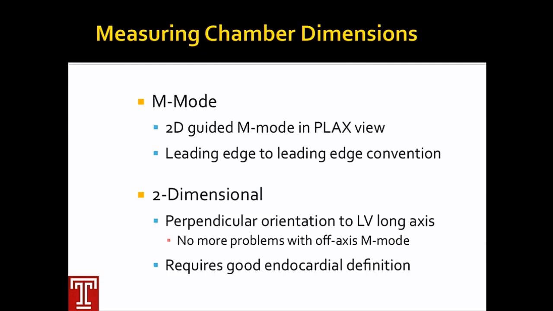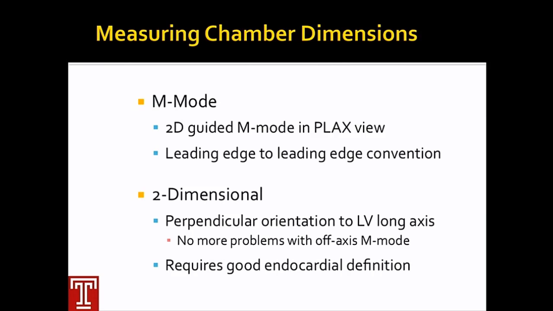These days, M-mode is guided with 2D imaging. I think Dr. Patil has already showed you a little bit about that. I'll re-emphasize it. And when measuring in the M-mode, we use what is known as a leading edge to leading edge convention, which means you start the septum at the leading bright edge on the side of the RV, and you stop at the endocardium, the bright leading edge of the endocardium on the LV side.